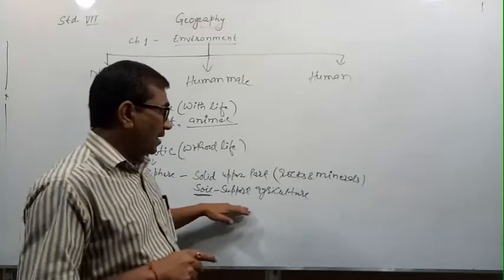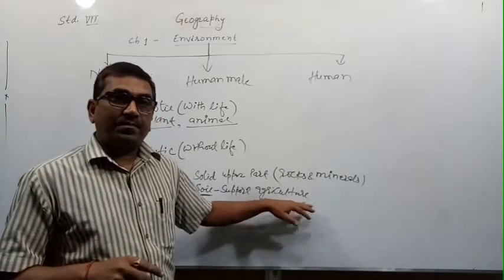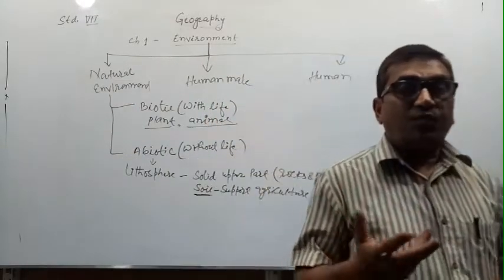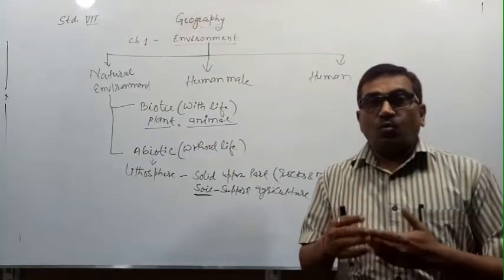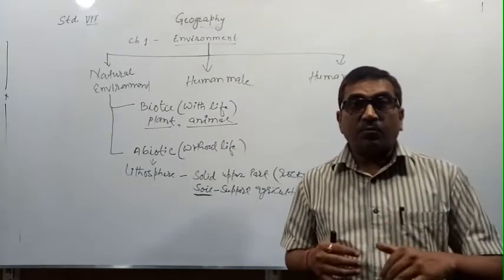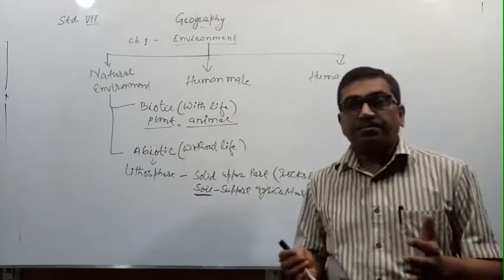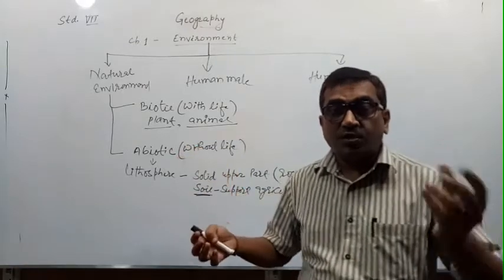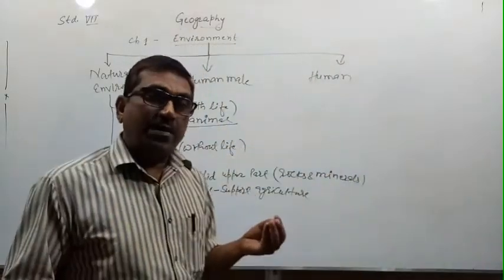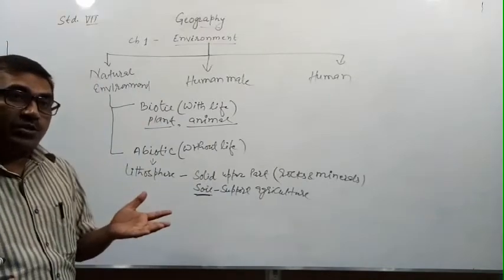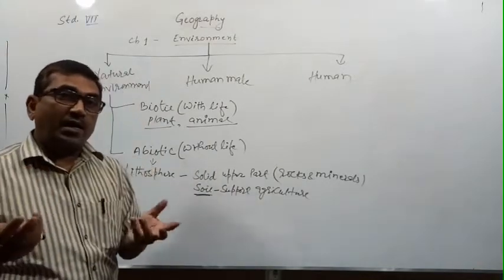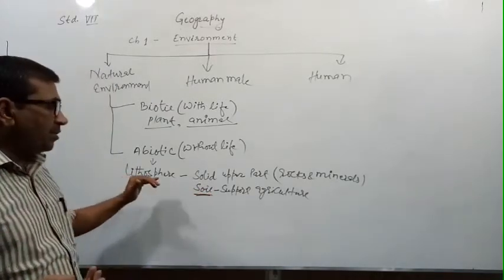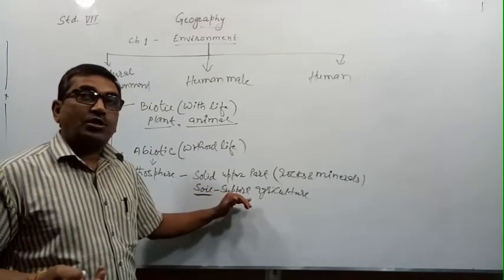It means it affects our life. You might have read in science classes that different types of animals exist. Some live on land, some in water, which we will talk about after this. Some are arboreal animals which live on plants and use the fruits and leaves of the plants. Plants can grow only if there is soil, and the soil is on the lithosphere. So the lithosphere is part of the natural environment.